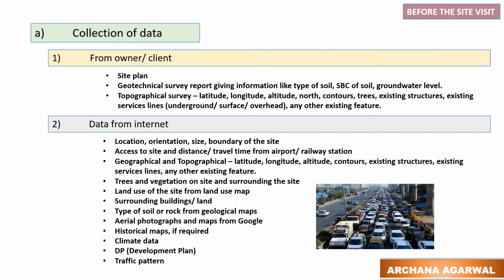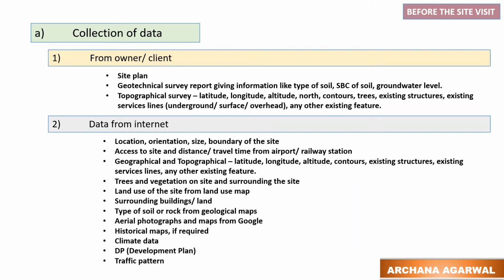Some examples of data mining from internet are shown later in this video. A lot more data can be obtained from the internet. Depending upon the location and nature of the project, the type of data required can be determined.